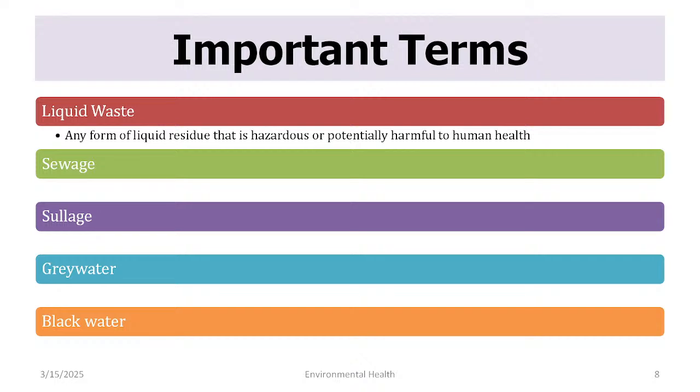A small example, not related to liquid waste or environmental health, I will explain to you. Can walking be a hazard? Simple thing. Can walking be a hazard? What do you think? Yes. You don't even think that walking can be a hazard. Yet it can be a hazard if somebody is suffering from epilepsy. You got the difference?